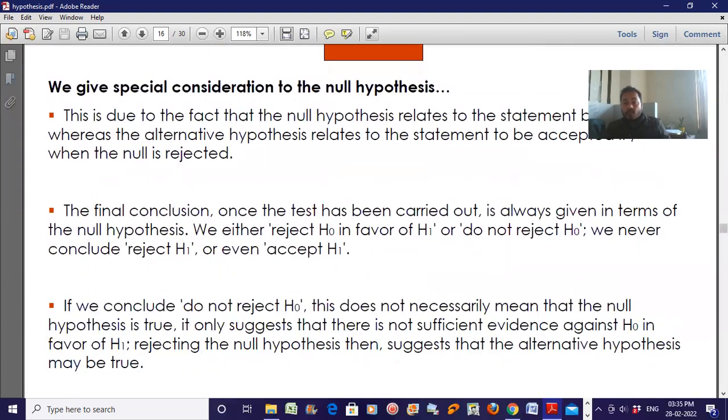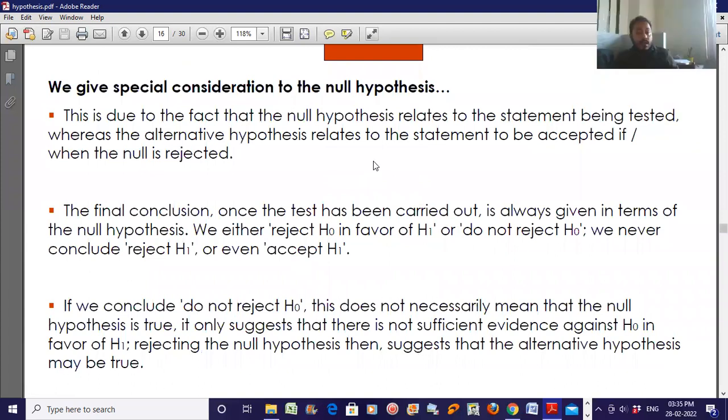Let's consider a few more points regarding the null hypothesis. We give special consideration to the null hypothesis. Why do we give special consideration to the null hypothesis? Let's see these points.